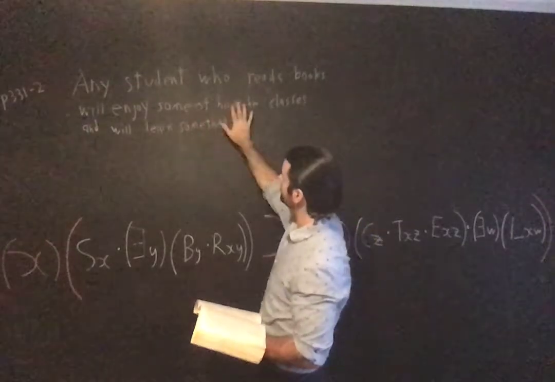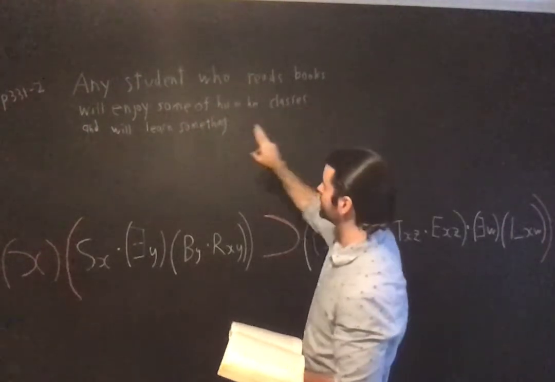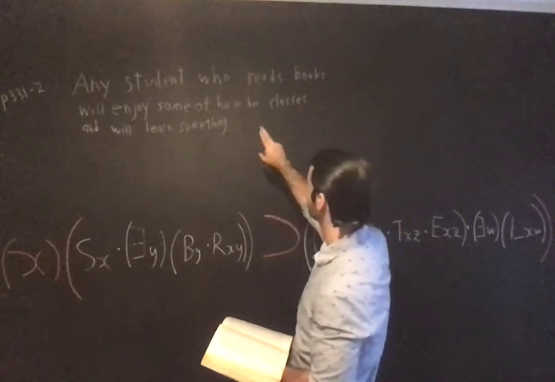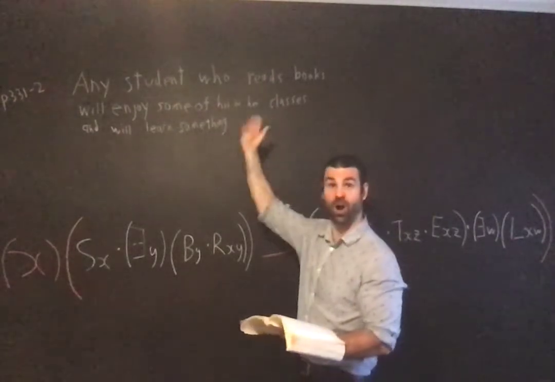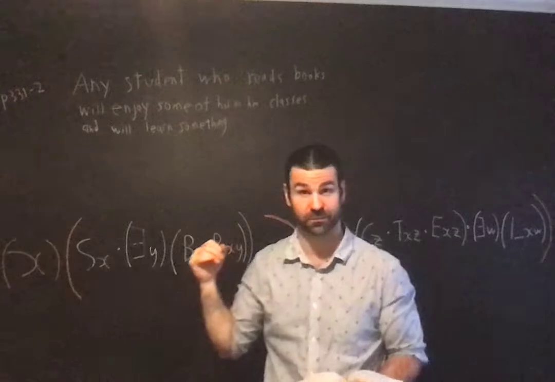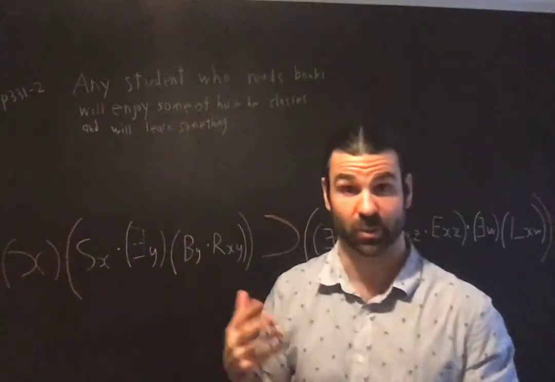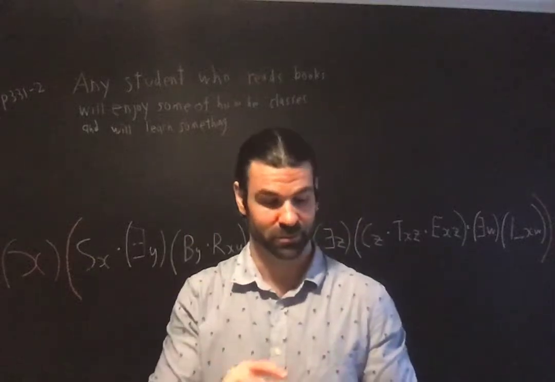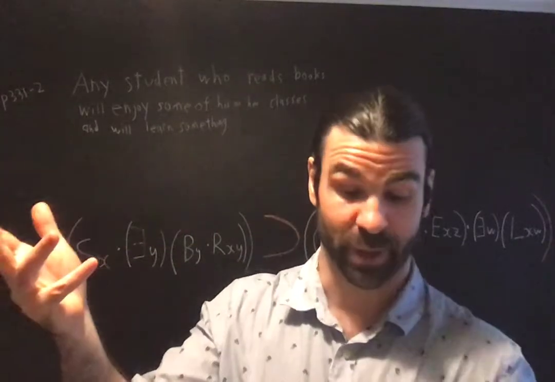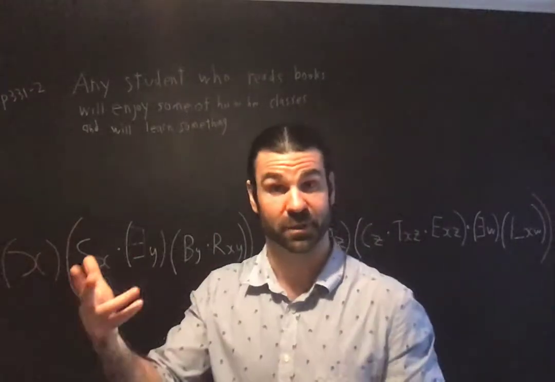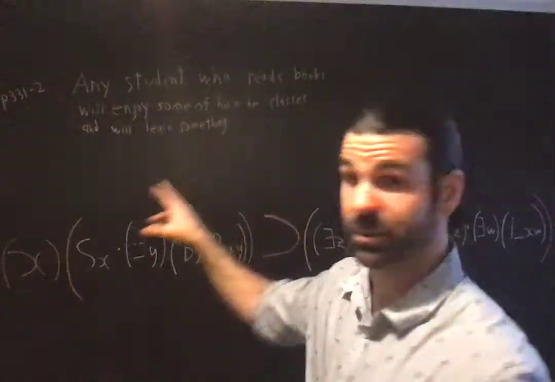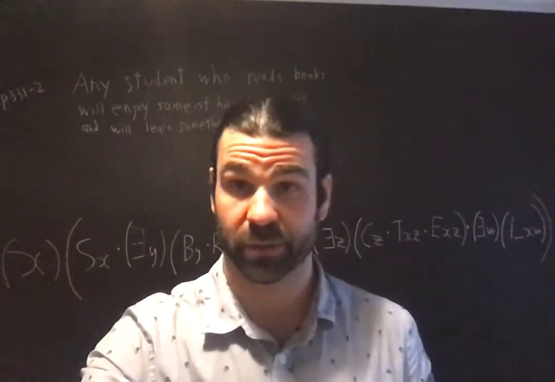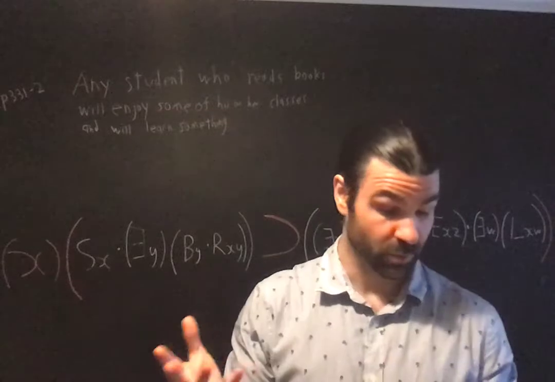Here, this will be any student who reads books will enjoy some of his or her courses. Courses of the student, that's a genitive, so that's going to get a relational predicate. Just to connect for you, that's the second full paragraph of 329, talking about genitives and possessives, and this example, which is the one she runs through on page 331 and 2, which we'll do now, basically.